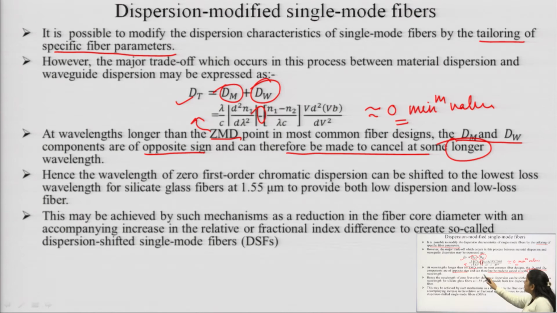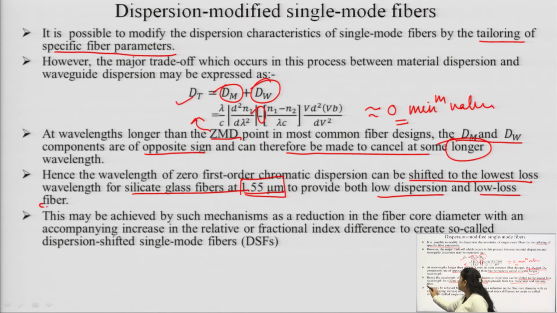We can have the material dispersion and the waveguide dispersion with opposite signs, and there is a possibility to cancel each other and make the value 0, so as to obtain a fiber having zero dispersion. Hence, the wavelength of zero order chromatic dispersion can be shifted to the lowest loss wavelength for the silicate glass fiber. So, for the silicate glass fiber, this is possible at 1.55 micrometer to provide both low dispersion and a low loss fiber.